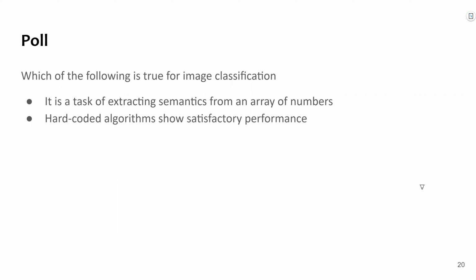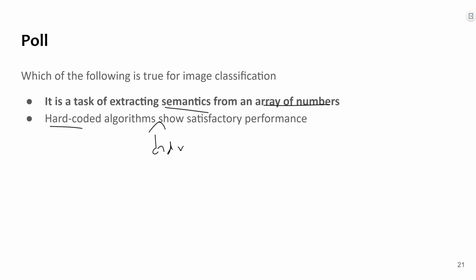Okay, have you solved this problem? The answer is the first one. I told you that it is a task of extracting semantics from an array of numbers, and hard-coded algorithms did not show satisfactory performance.